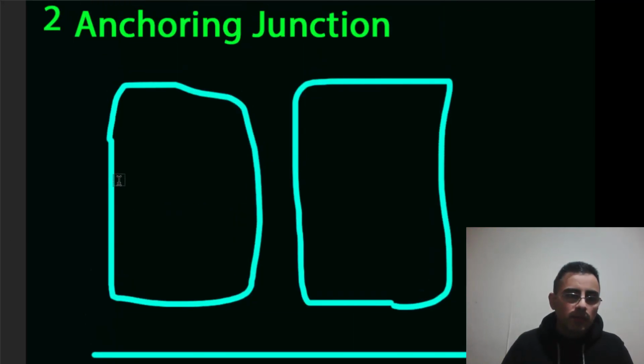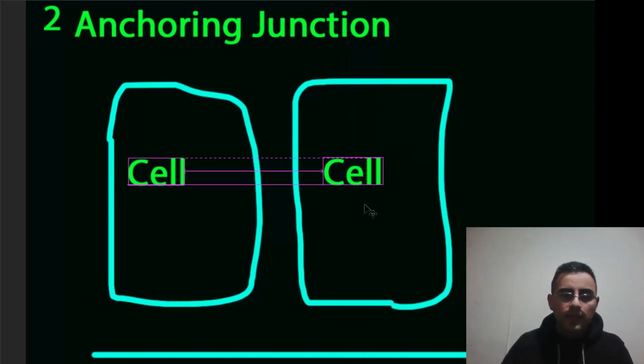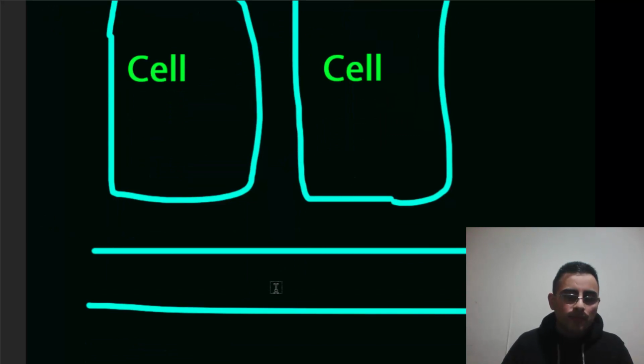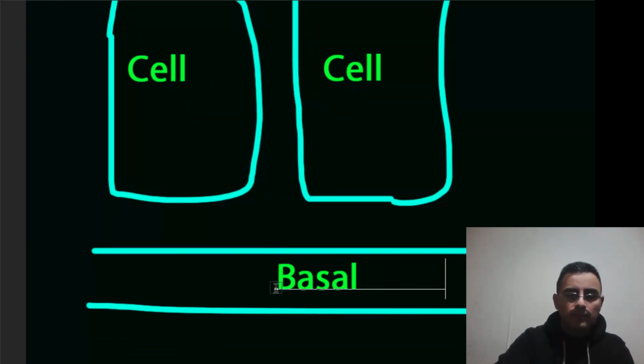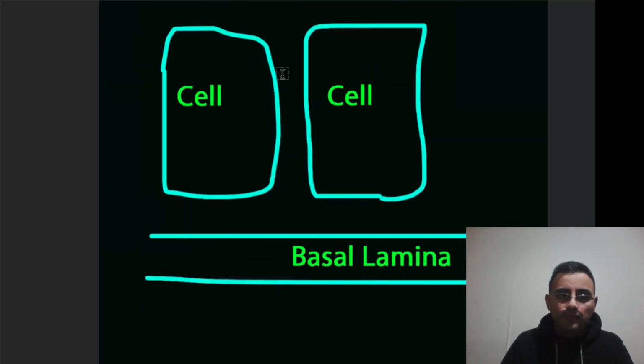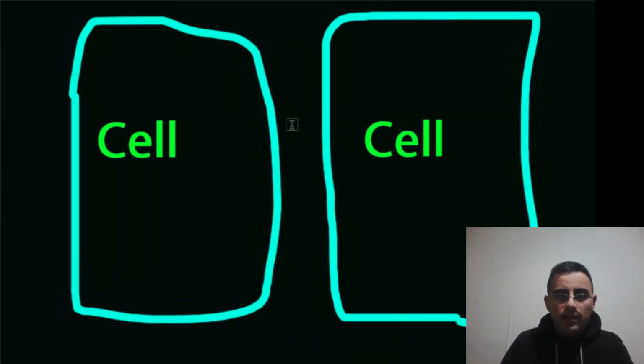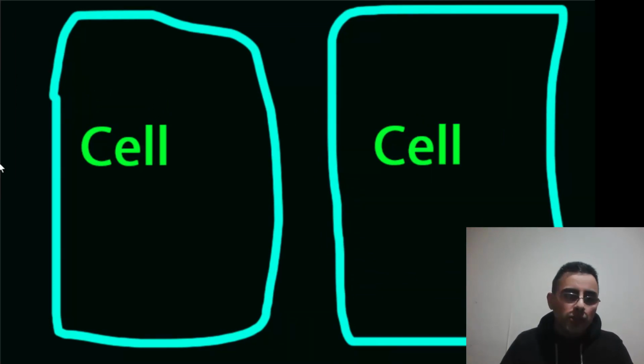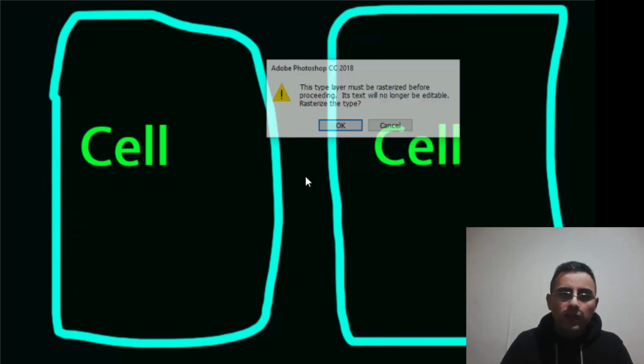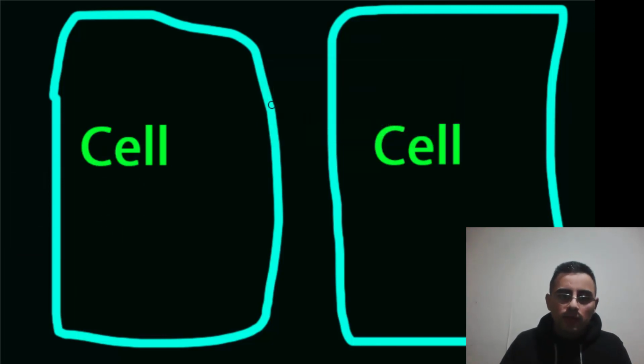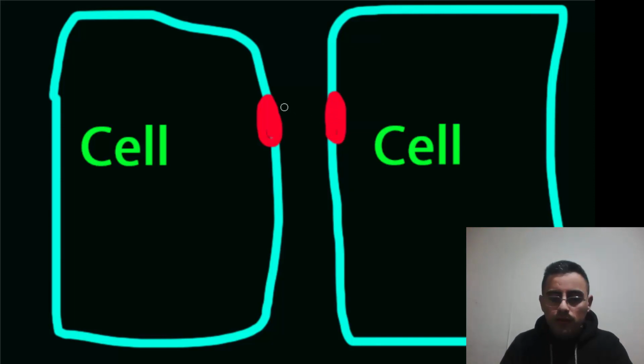Okay, let's name them. Cell again, and basal lamina. Between these cells is the anchoring junction, and this anchoring junction is called desmosomes. Here is a dense structure, here also a dense structure, and here are some lines.